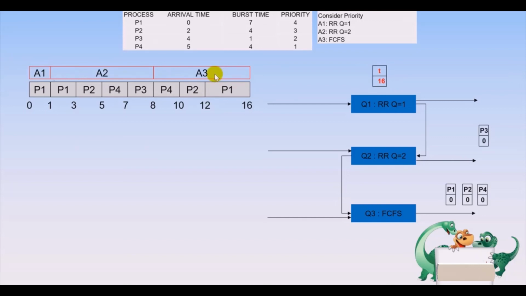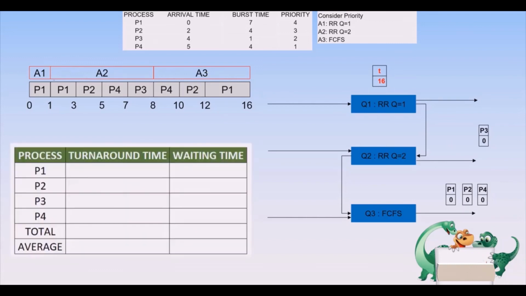So it's time to get the table. Let's derive the table from the Gantt chart. Let's start with the turnaround time. P1 finished at 16 minus the arrival time 0, so that's 16. Next, process 2 finished the execution at 12 minus 2, that's 10.